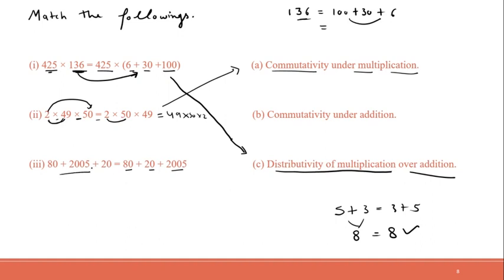This is commutativity under addition. We can commute the numbers in any manner we want. I can also write it like this: 2005 plus 20 plus 80. This will also not make any difference because the sum will be the same. So this is commutativity under addition. Got it? I hope you got this concept.